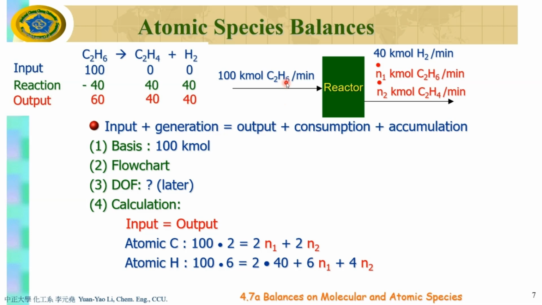There are 6 moles of hydrogen atoms per mole, so 100 times 6 equals the output: 2 times 40, plus 6 times N1, plus 4 times N2. So you have 2 equations, 2 unknowns. Bingo, you solve the problem.